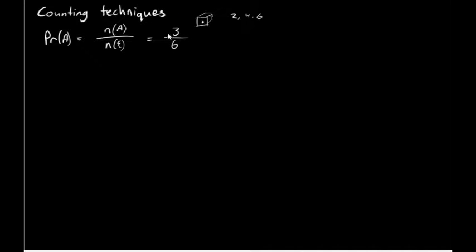So that's what we've had a look at as a fundamental rule for probabilities. So the number of elements in both A and the sample space need to be able to be counted and used with this formula. So we're going to now consider two counting techniques. One where the order is important, and one where the order is not important.